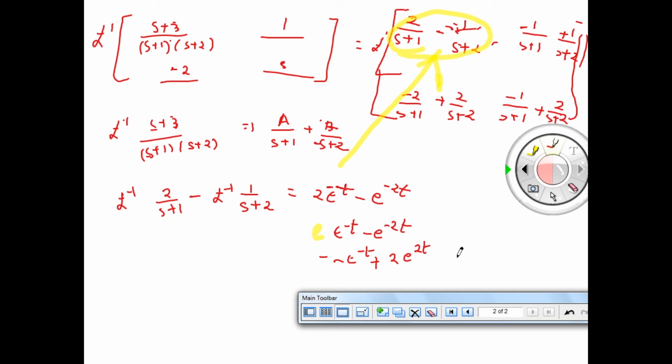Fourth one you will be getting minus e raised to minus t plus 2 e raised to 2t. Okay, so these 4 we have got. So your final answer will be like this.